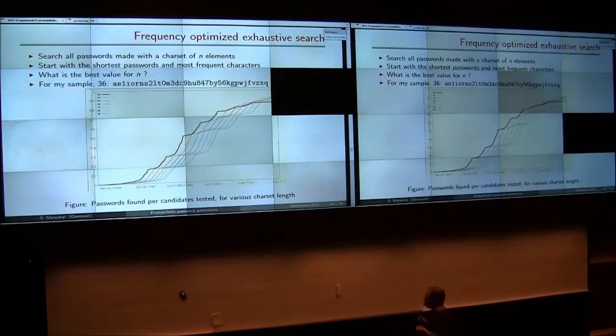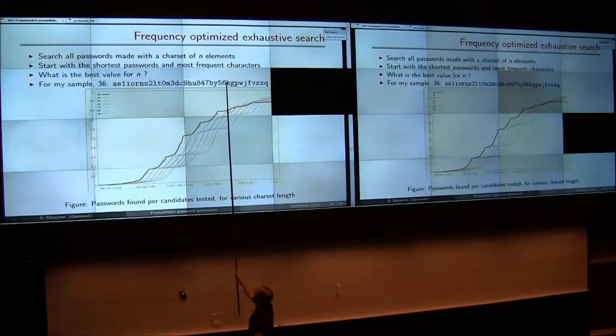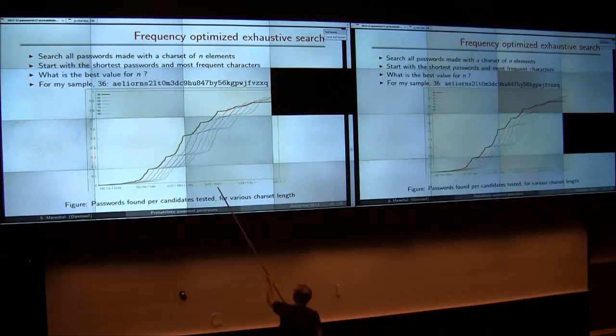So the horizontal axis is a logarithmic scale, and it means that I will mainly focus on what happens around here. The reason for that is that here you can see times. The first number is the number of tested passwords.